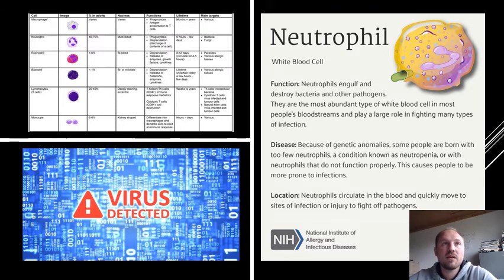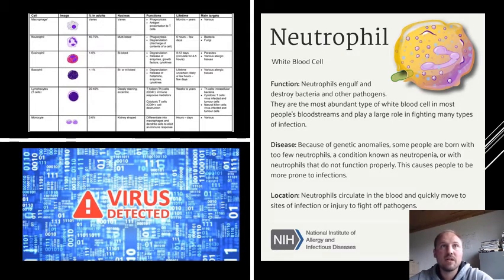If you see a pretty decent sized cell, and it's got one big dark central lobe, and it's circular, and there's hardly any other space in there, that's probably a lymphocyte. If you see one that has a two-lobed nucleus, there's quite a bit of extra room, and you can see that sandy granules in there, that's an eosinophil.